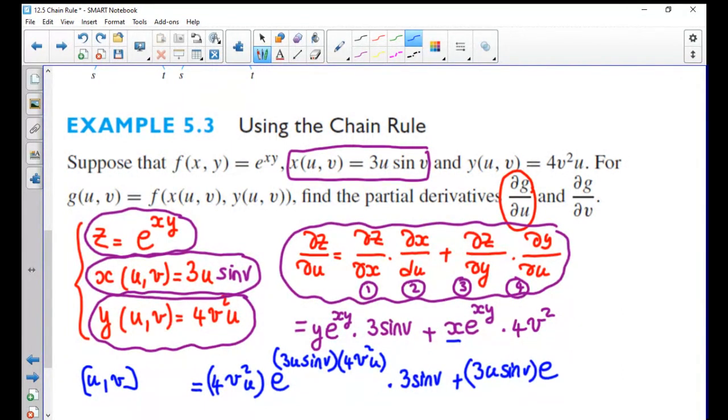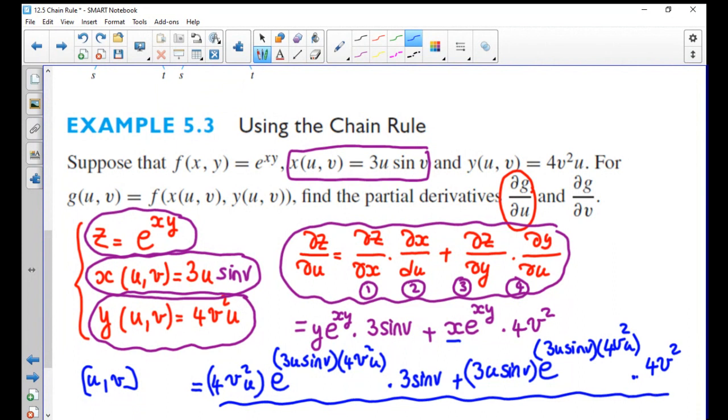This is not an easy thing to write, but I will write it anyway. 3u sine v times y, which is 4v squared u, and then multiply this by 4v squared, and all of this is basically the final answer. It's not very pretty, but that's how you do it.